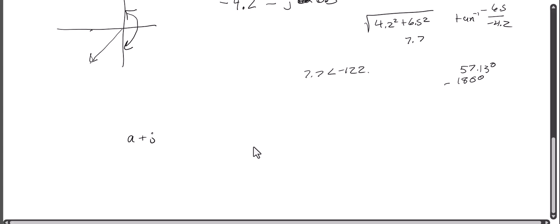A plus JB, the magnitude is the square root of A squared plus B squared.